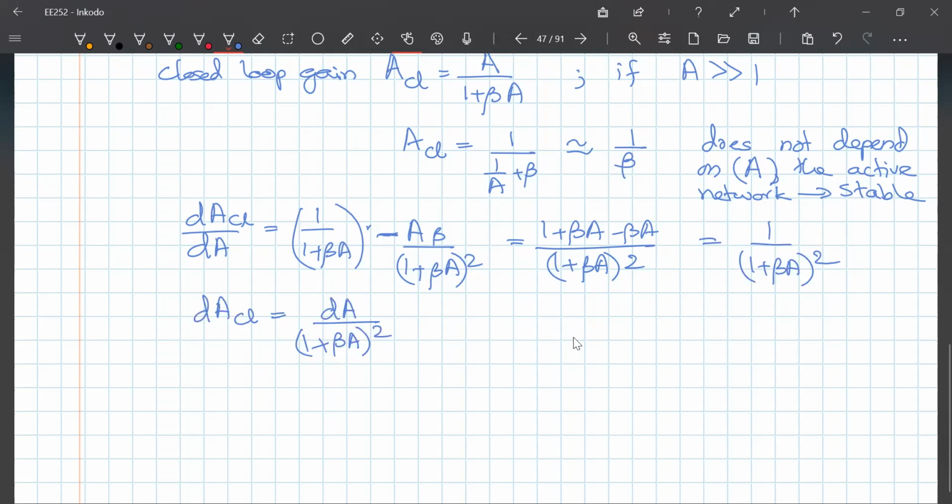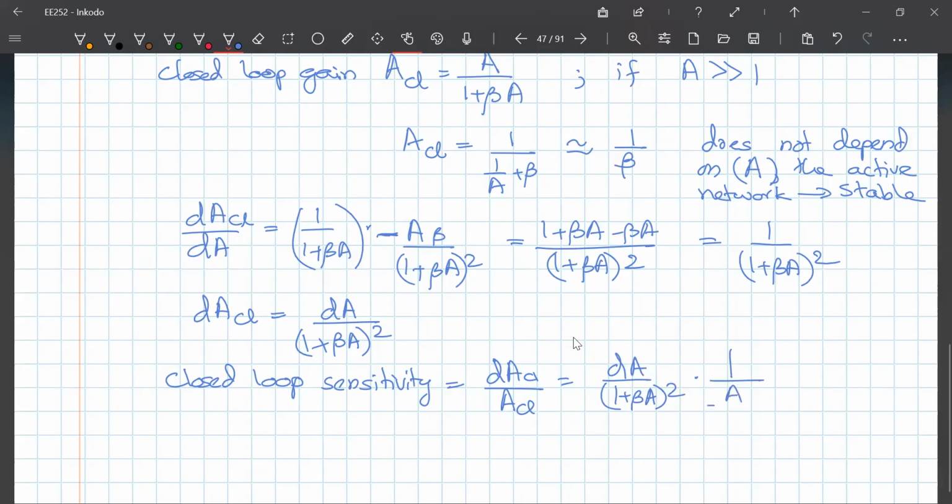Now if I want to find the desensitivity, or sensitivity, sensitivity is defined as dA over A. So the closed loop sensitivity is equal to dACL over ACL, which is dA over 1 plus beta A squared, divided by A over 1 plus beta A. That's basically what you have.